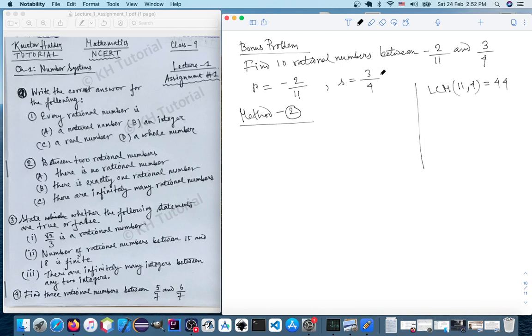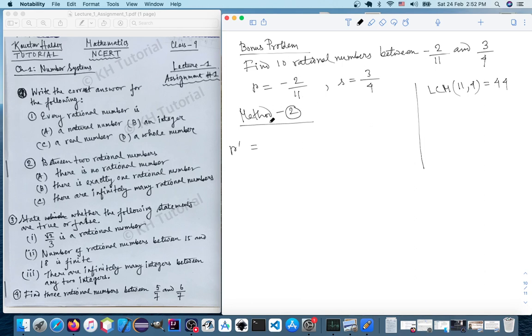So, we have to have 44 as the denominator in both rational numbers. We transform R to an equivalent rational number R dash, where the denominator should be 44.